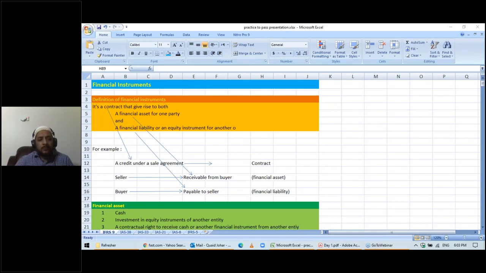I will brief you about the main points for each IFRS, and along with it I will make you do a lot of practice questions, which include objective type questions, case type questions, and constructed response questions as well. So these are the 3 types of questions you will be facing in the ACCA exam.